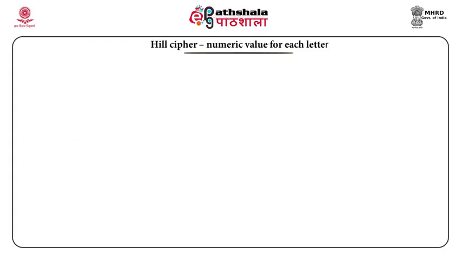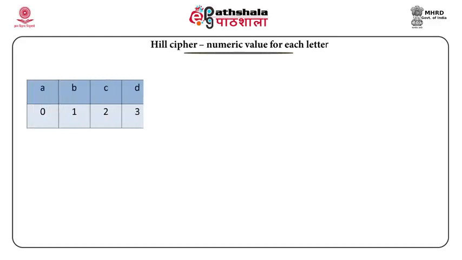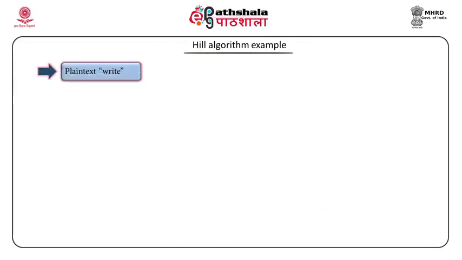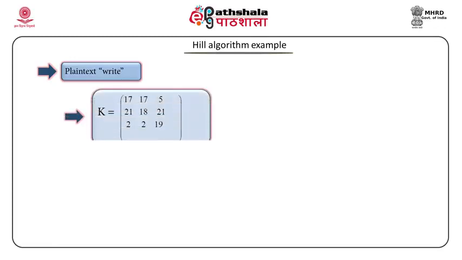You are clear how to assign a numeric value to the English alphabet. A is assigned 0, B 1 and Z 25. Suppose for example we have the plain text "write", W-R-I-T-E, and the key is shown on the screen.